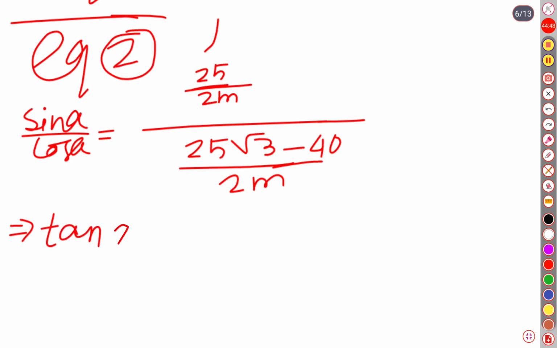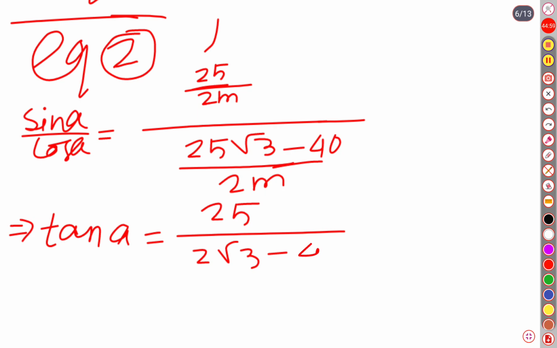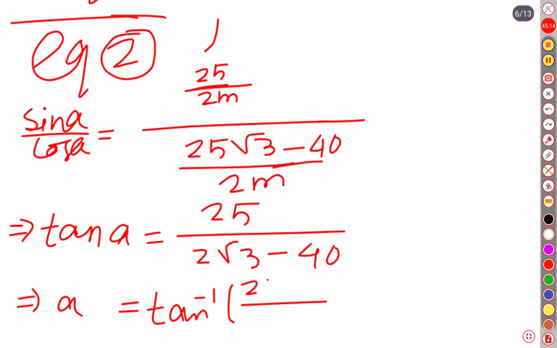Tan alpha is equal to 25 over 25 root 3 minus 40. Hence our alpha is going to be tan inverse of 25 over, not 2 square root of 3, sorry, it was a slip of the pen. It should be 25.